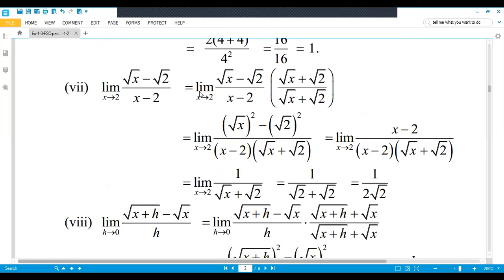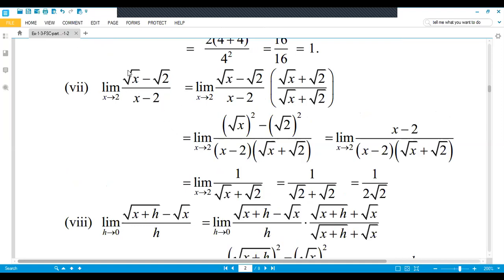So limit, again you apply limit, but remember one thing, when you have the same numbers, one time with the under root and one time without under root, first you rationalize it, and after that you apply limit.